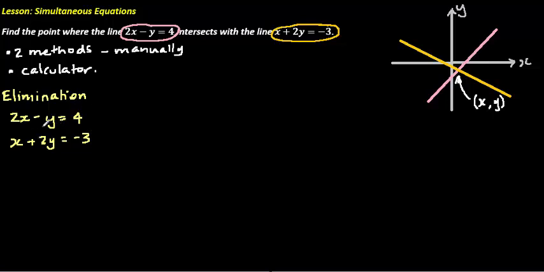Now my goal here is to either add or subtract these two equations together to get rid of an x or a y. But I can't do that yet. I need my coefficients to be the same. So I'm going to make a note of that. I need my coefficients of either x or y to be the same.